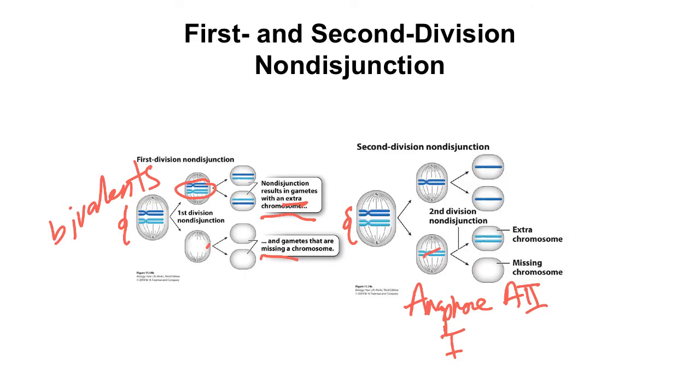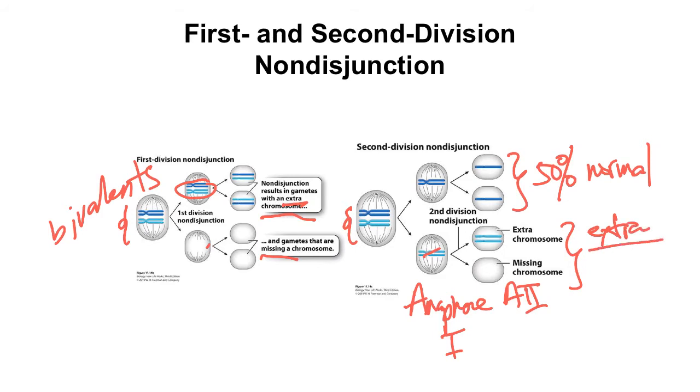So in this case, you end up with 50% normal gametes, because you have the normal set of chromosomes, whereas in the other 50% of cases, you will have 25% probability of an extra chromosome, and 25% probability of a missing chromosome. In either case, these two are abnormal and may lead to problems.